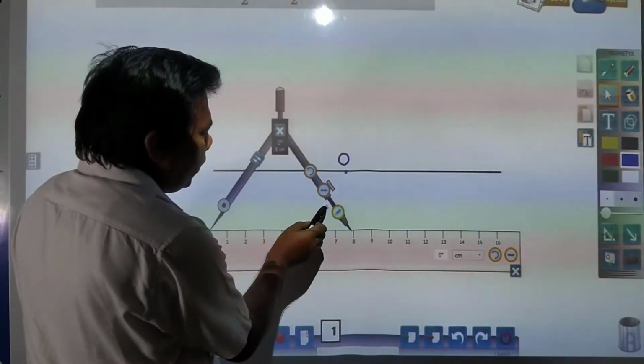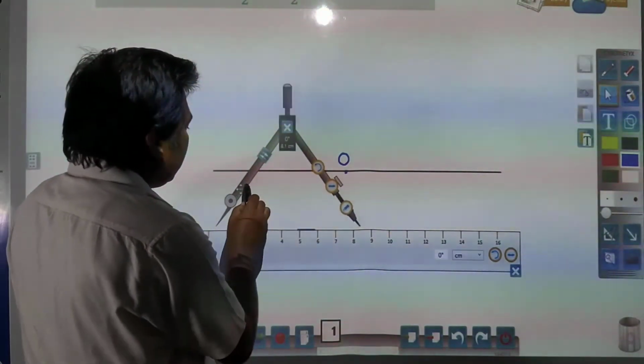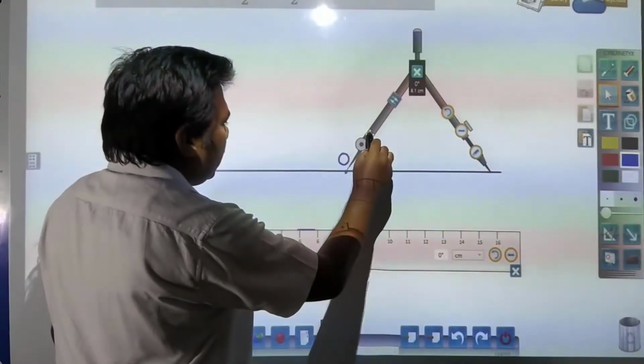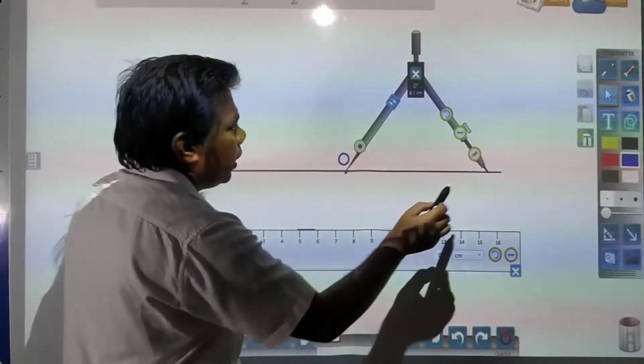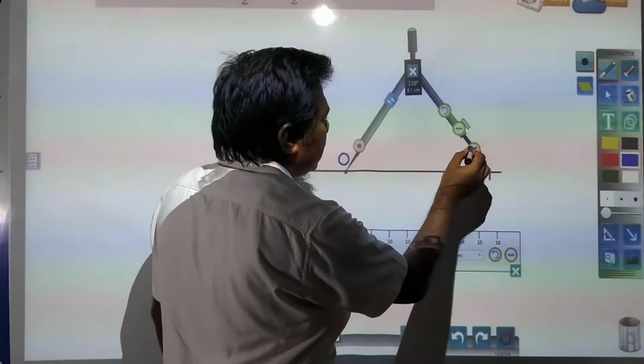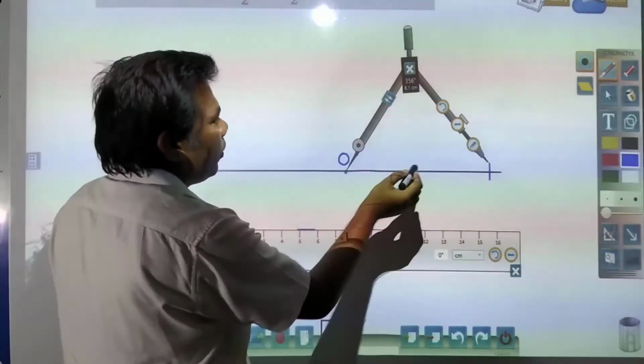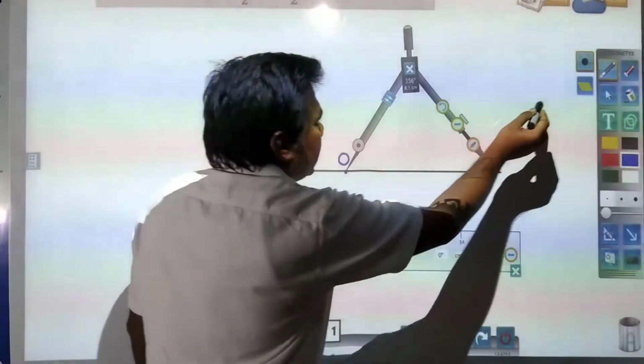Suppose 8 centimeter we have taken, both sides it is required to be taken. Here you fix your needle and take it like this, and the same thing is required to be done on this side also.